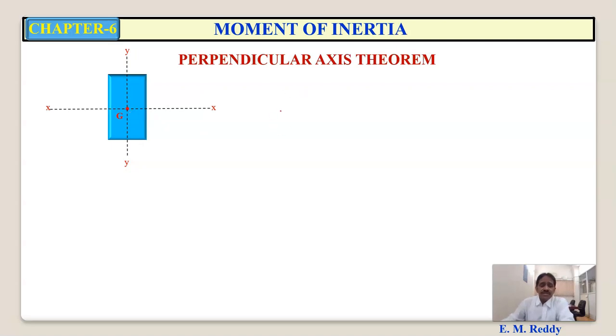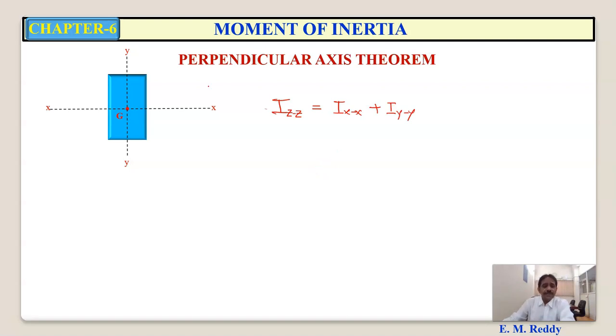So as per the perpendicular axis theorem, the moment of inertia about an axis perpendicular to the xy plane, that is the z axis, is given by the moment of inertia about the x-axis plus the moment of inertia about the y-axis. So this is the perpendicular axis theorem.